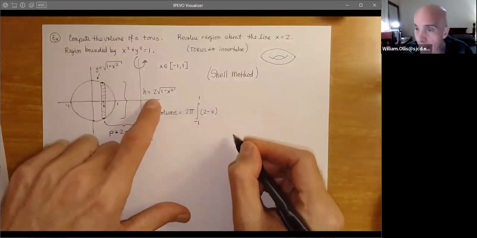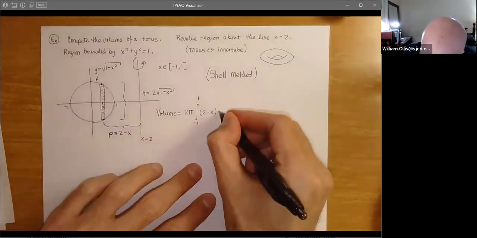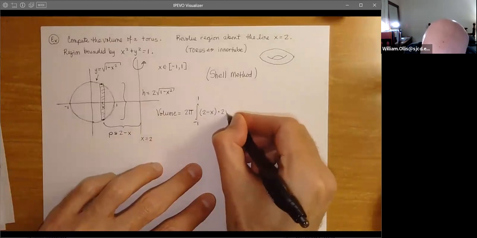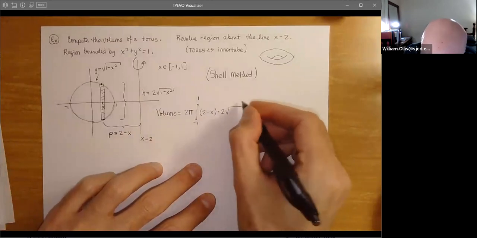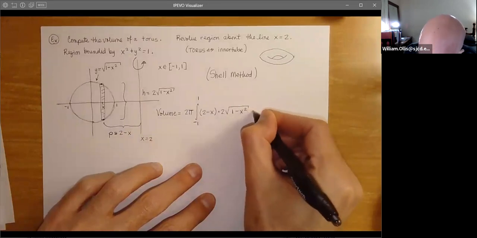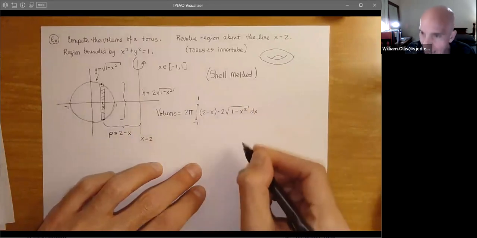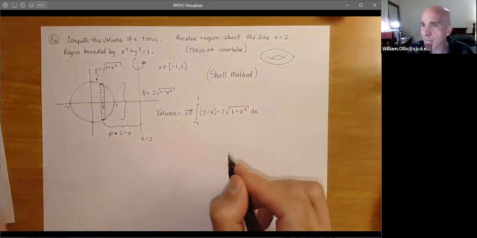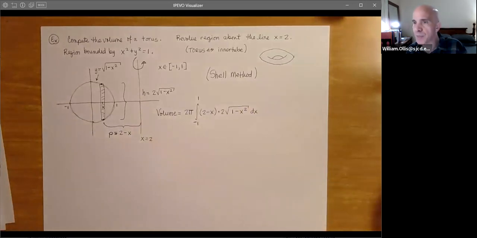And then now we have the height of the strip. So we have times 2 square root of 1 minus x squared. So I think the initial derivation we did kind of helped us out with the notation here and gave us maybe a little bit more confidence with this technique.